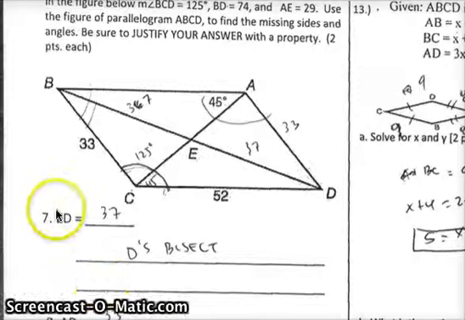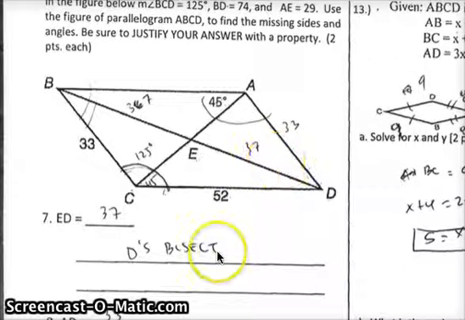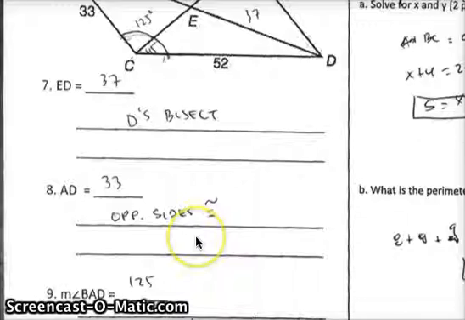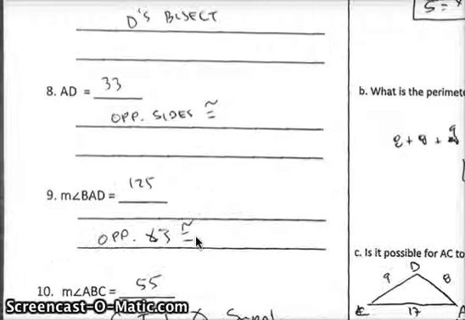Number 7, ED is 37 because your diagonal is 74 and your diagonals bisect. Question number 8, AD is equal to 33. Opposite sides are congruent. Question number 9, BAD is 125 degrees. Opposite angles are congruent.